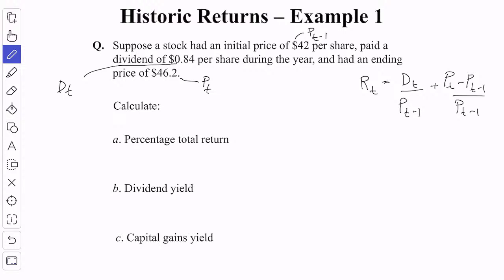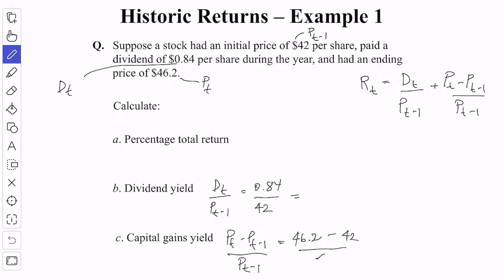So the dividend yield is going to be $0.84 divided by the original price, 42. Capital gains yield will be the new price minus the old price divided by the original price, which is 46.20 minus 42 divided by 42.